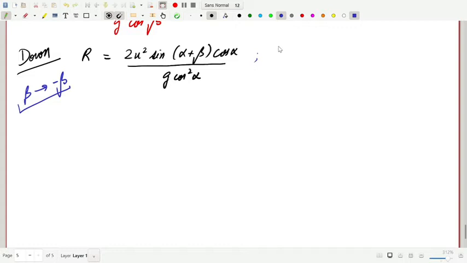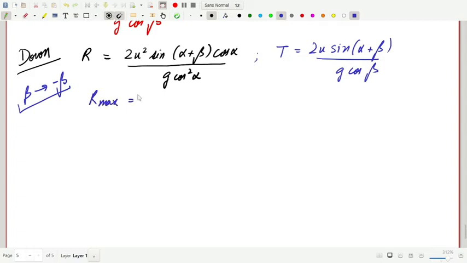So time of flight is equal to 2u sin alpha plus beta over g cos beta. R maximum is equal to u square over g into 1 minus sin beta.